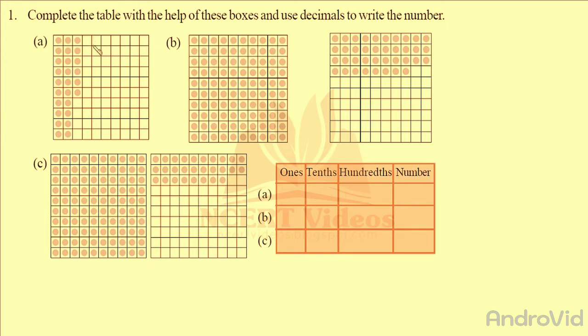These are 10, so writing it as 10 horizontally and vertically 4, 5, 6, 7, 8, 9, 10. Again 10 vertically. That makes 10 into 10 equals 100 squares.